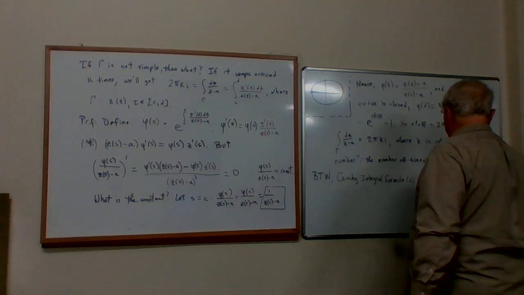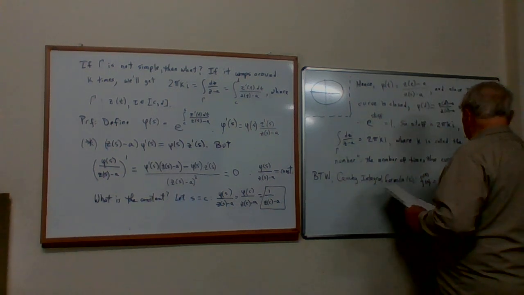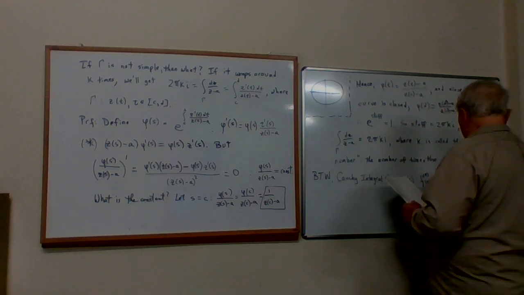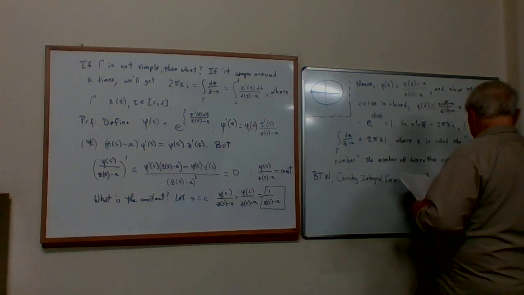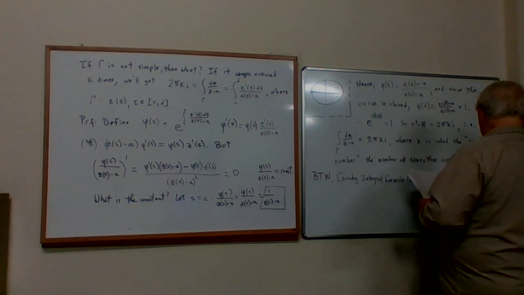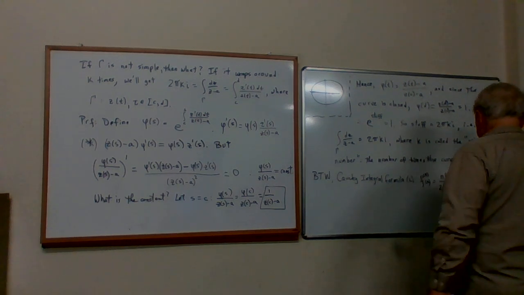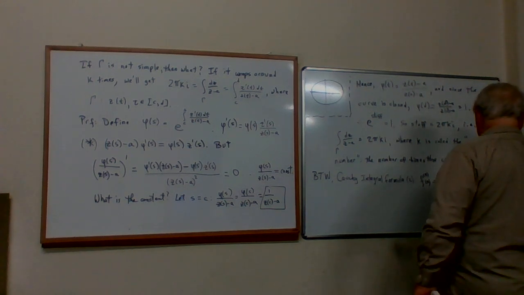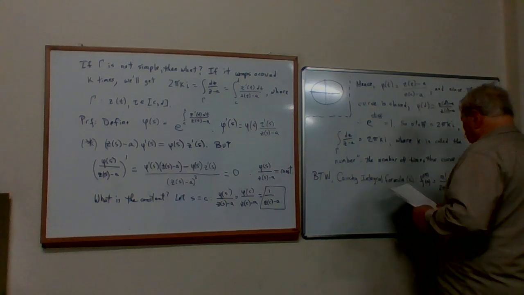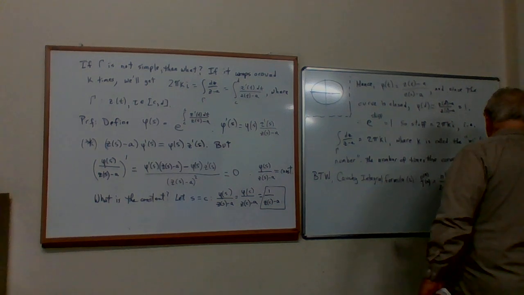The nth derivative of the function at A is equal to n factorial over 2 pi i times the integral of the function f of z dz divided by z minus A to the n plus 1 power, where n equals 0, 1, 2, and so on.